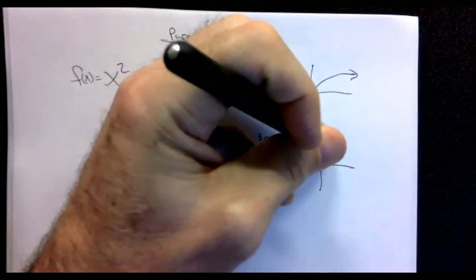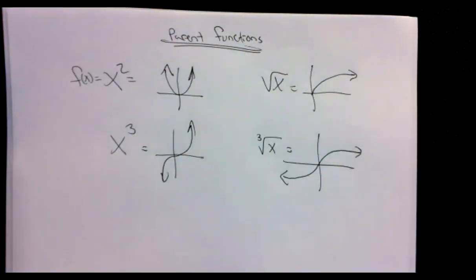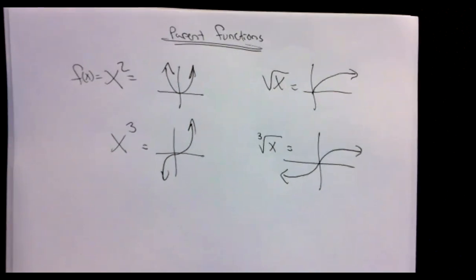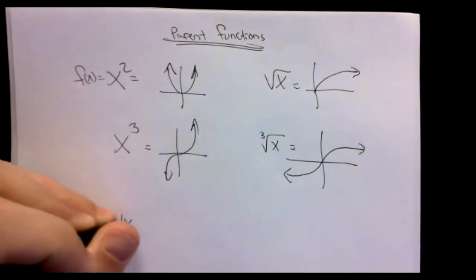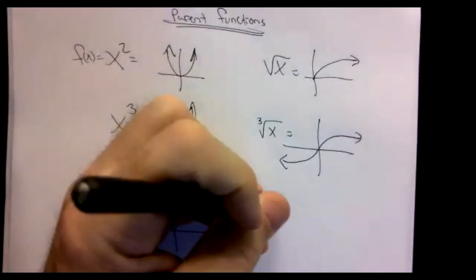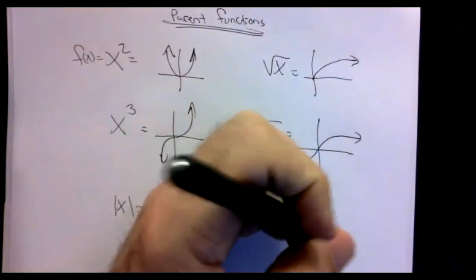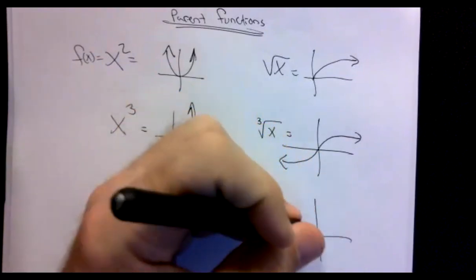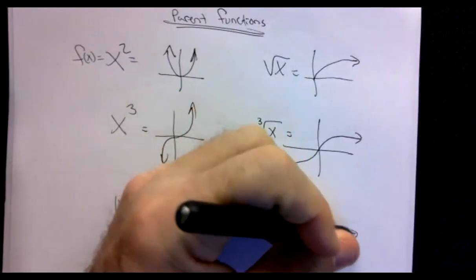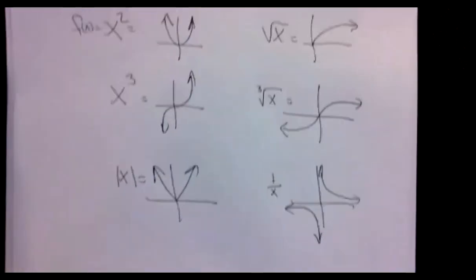A cube root of x does this number. Absolute value makes a v, and a rational function, we'll do that right there.